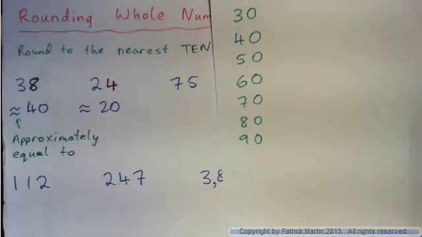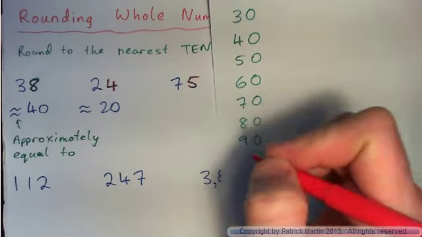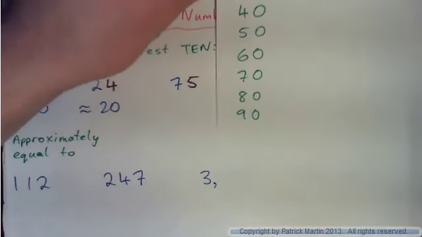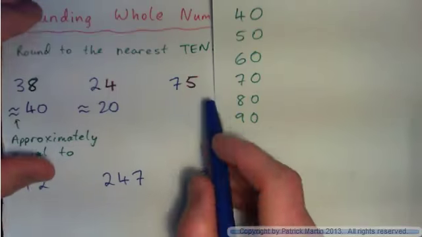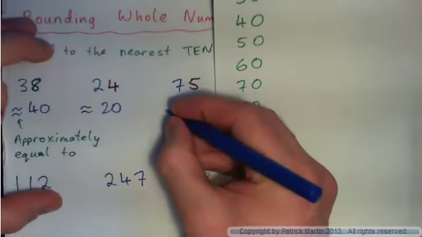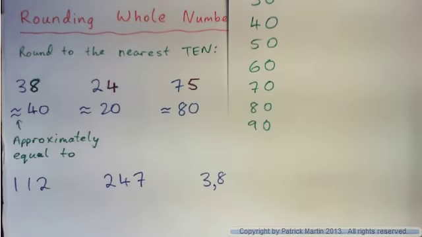But there is a standard practice in math that if this digit here is 5 or more, you must round up. And there is actually a practical reason for that. So the rule is if this digit is 5 or more, we round up. And so we say that's approximately equal to 80, okay?